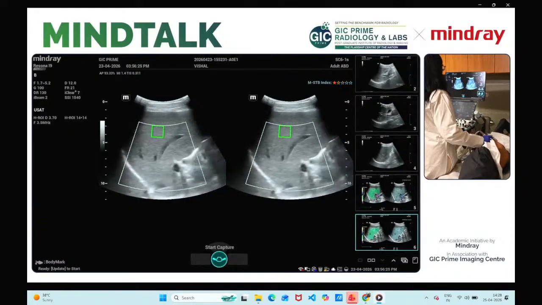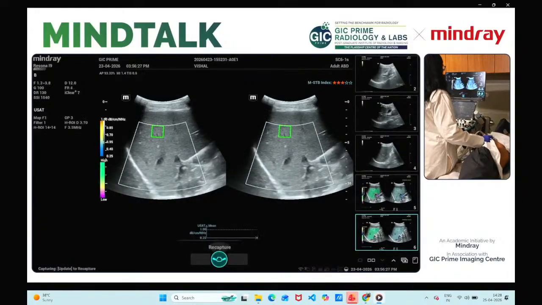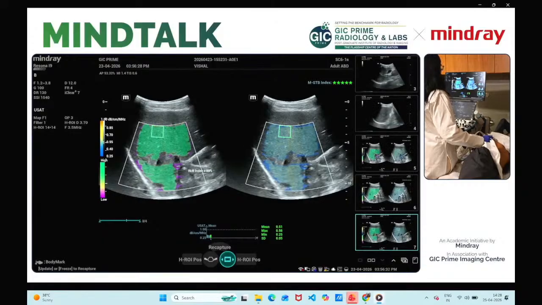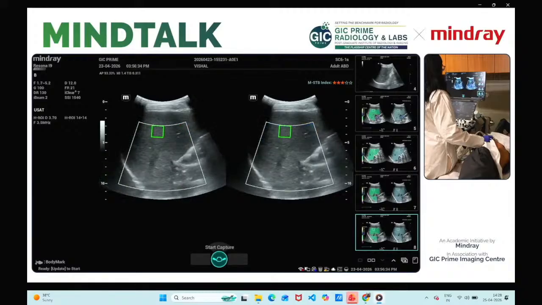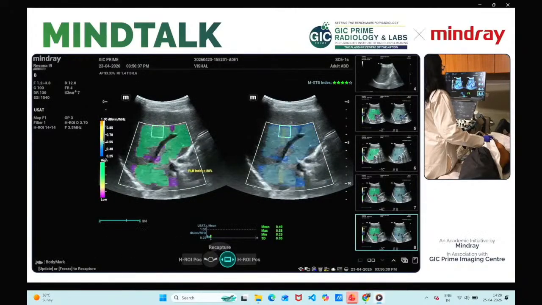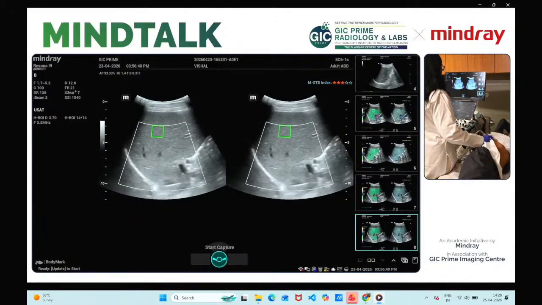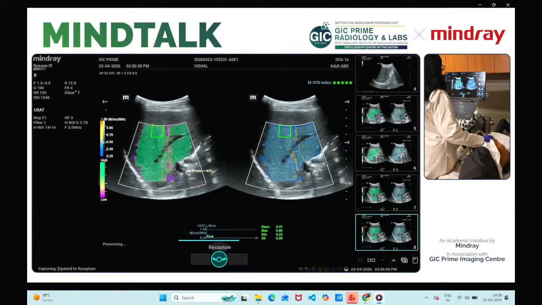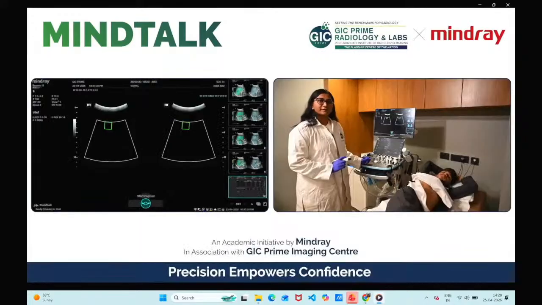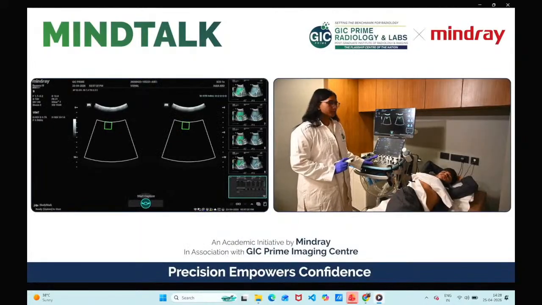I am taking another measurement now. Okay, I am rejecting these images because the reliability index is less. I am taking another measurement. Here we can see that everything looks good and the mean value is 0.47.